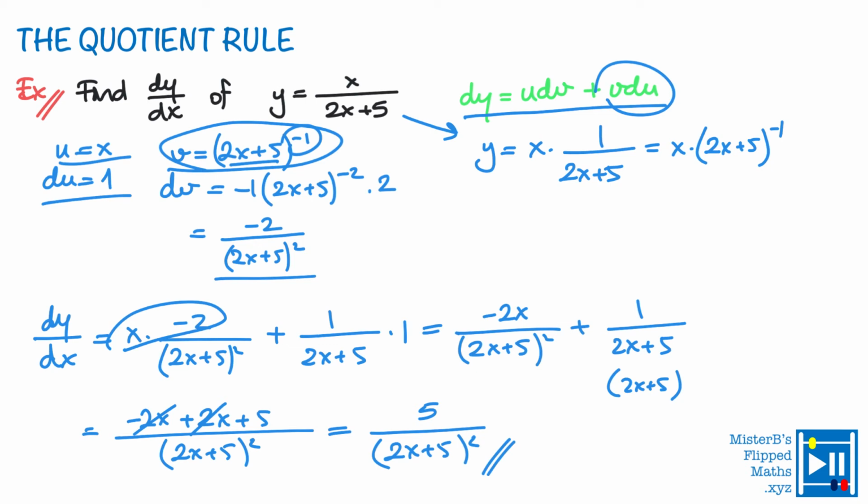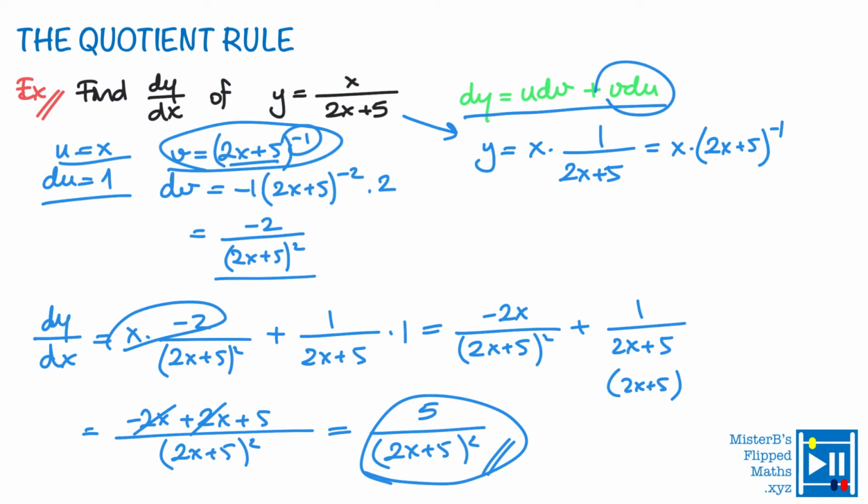But you can see that I find the same answer using the product rule, because the quotient rule is derived from the product rule anyway. So this is totally your choice, but I'm going to explain and solve a few more examples by using the quotient rule anyway.